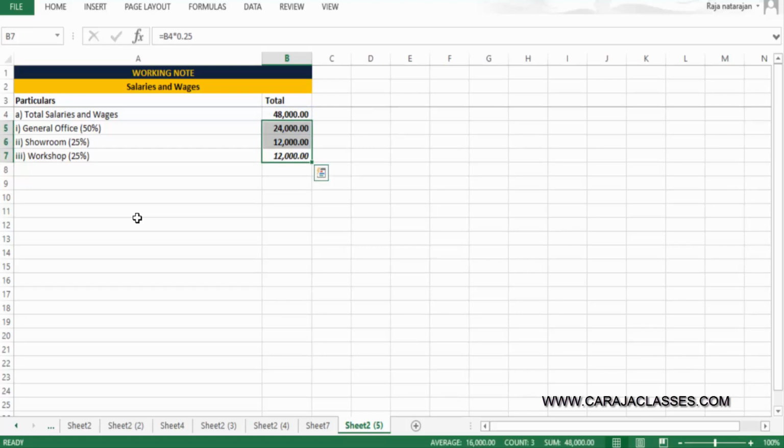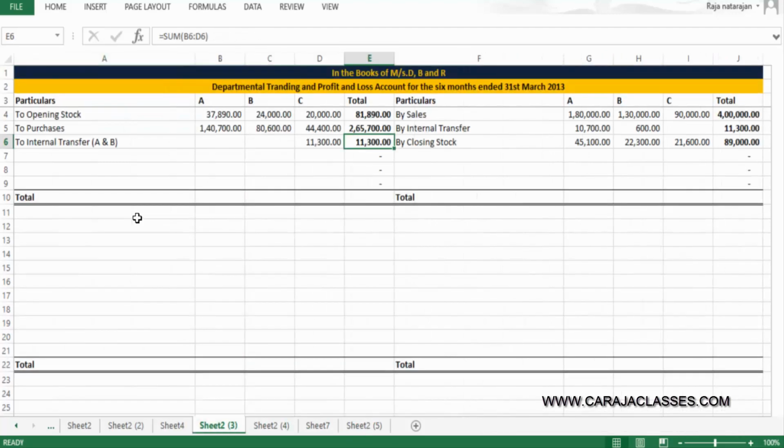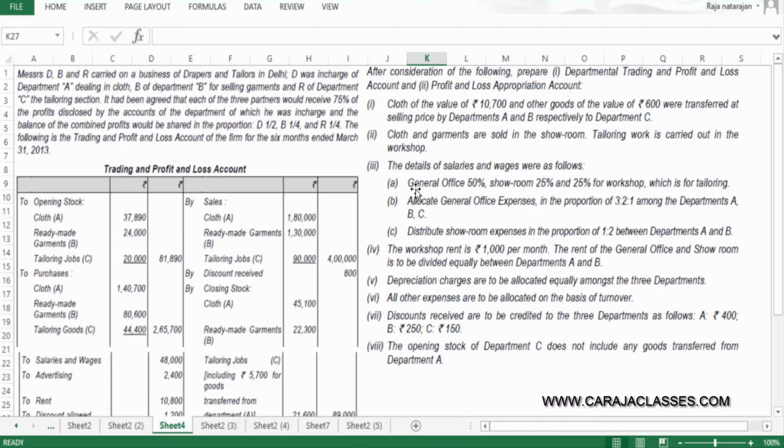Fine. Now, if you note all three, it is not specifically earmarked for a particular department. It's for a particular purpose, so we should know what the respective departments are. If you go back to the question, it says this general office expenses should be distributed in the proportion of 3:2:1.